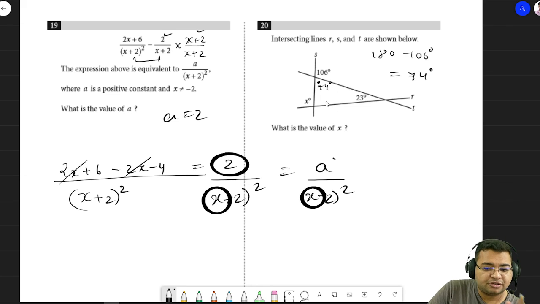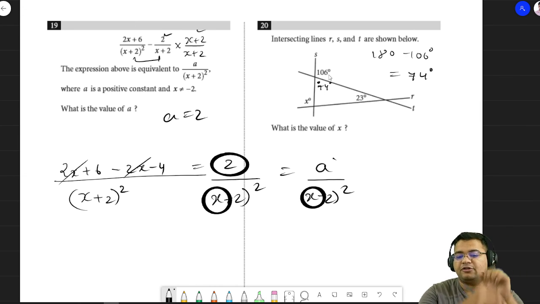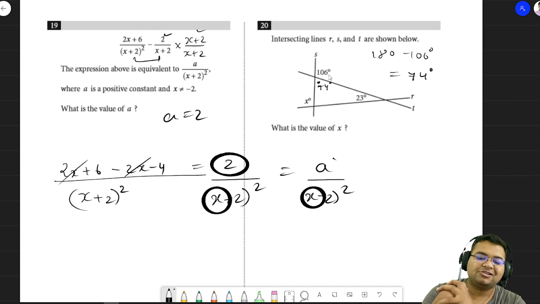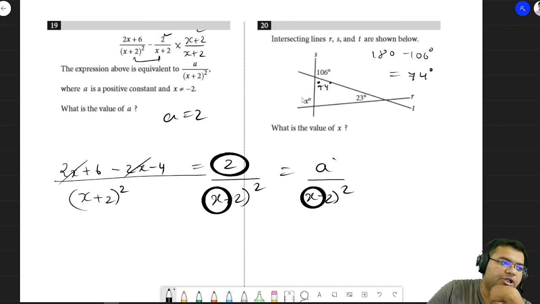Now using the exterior angle theorem of a triangle, if you know that, or we'll go by the old school method: the sum of interior angles of a triangle is how much? 180, right? If two of the angles are present, we can find the third angle by subtracting both angles from 180. So here one is 74, another is 23.